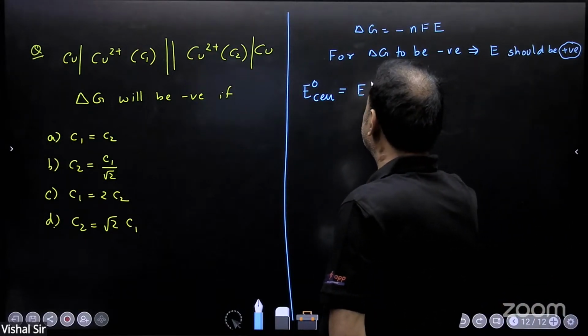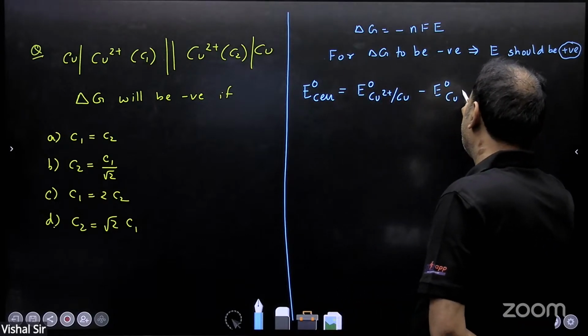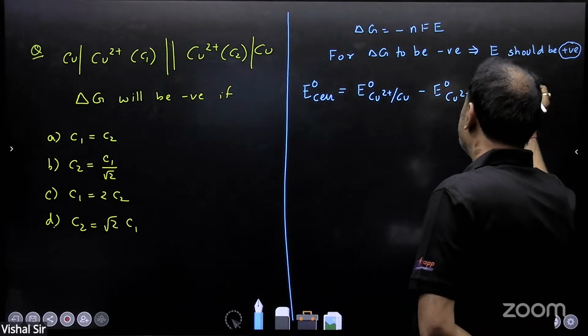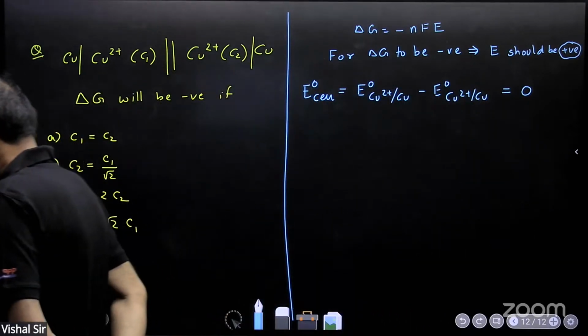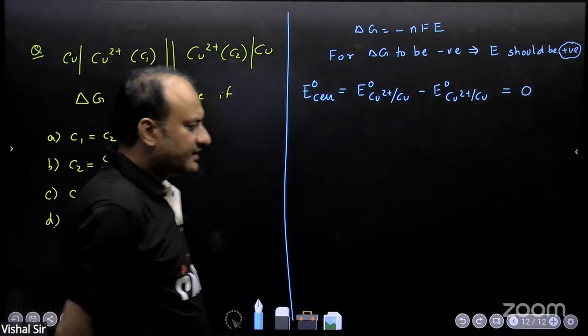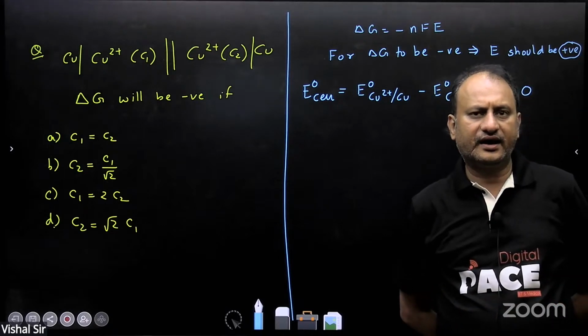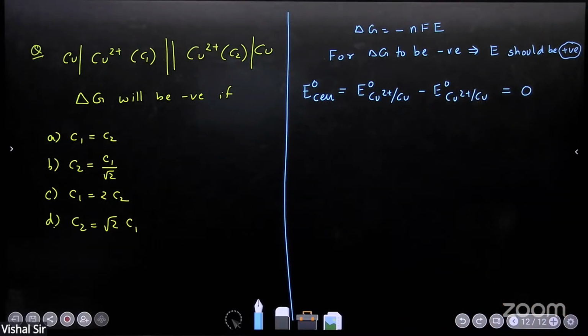So E naught cell will be E naught of Cu2+ | Cu minus E naught of Cu2+ | Cu, which will obviously be 0, which is another very important property of concentration cells, that their E naught cell is 0. Once again I am repeating, what is a concentration cell? When both half cells are same. Such a galvanic cell is called a concentration cell, and E naught cell of such a cell is always 0.